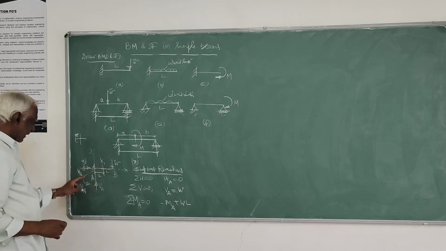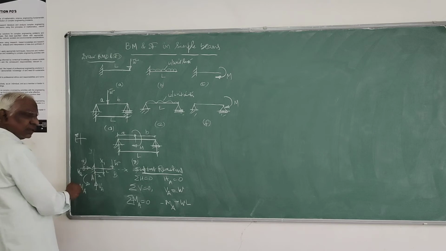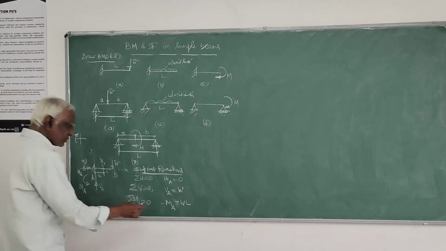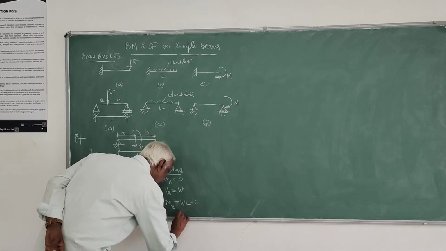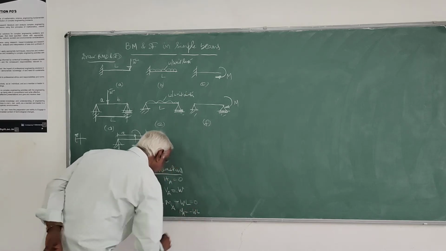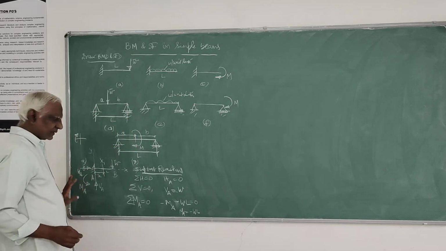So this is positive, and this is negative. So MA equals minus W L; the minus is because it is already anticlockwise.